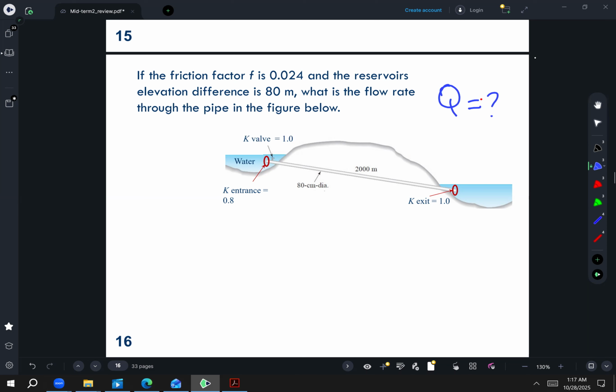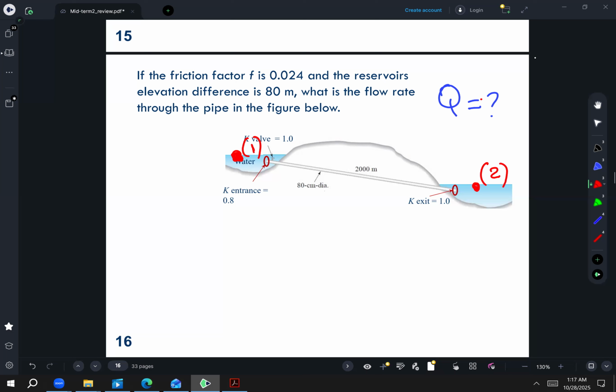The simplest points are the top of the reservoirs, or the free surface of the reservoir. So I can choose this point 1 and then here point 2.